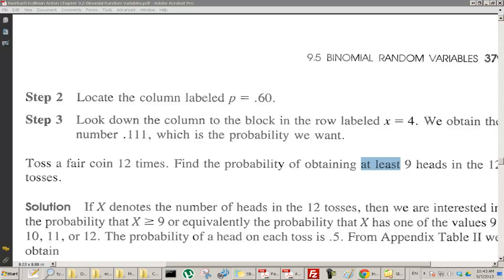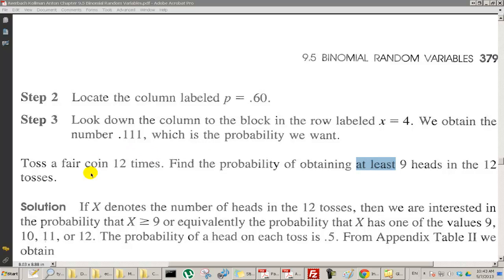So what's the difference? Well, at least 9 heads means 9 heads, or 10 heads, or 11 heads, or 12 heads. So actually we have to do 4 similar calculations. We have to do one for exactly 9 heads, and then another for exactly 10 heads, and then another for exactly 11, and another for exactly 12.